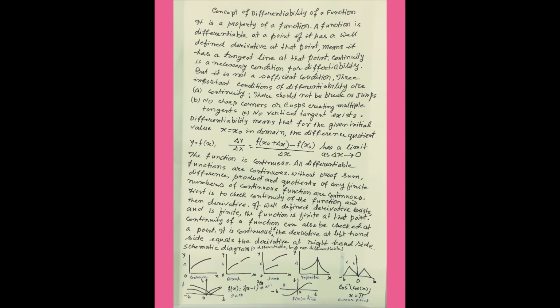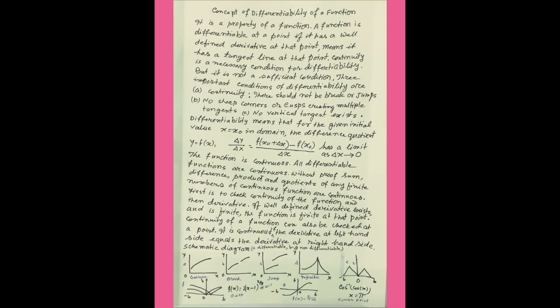When we find the change of height and change of weight, weight is dependent on height, so y will be weight and x will be height. So change in y by change in x is equal to f of x naught plus delta x minus f of x naught, divided by delta x.